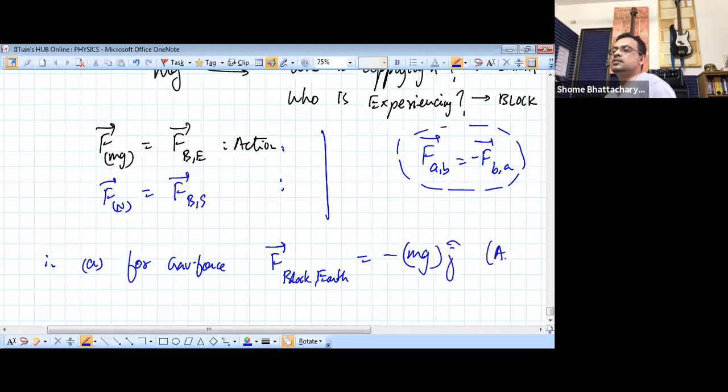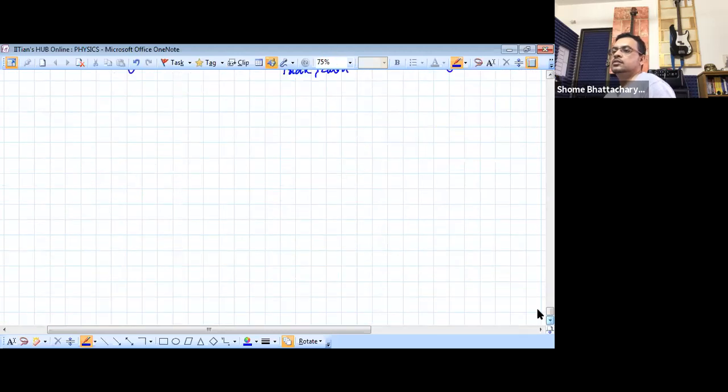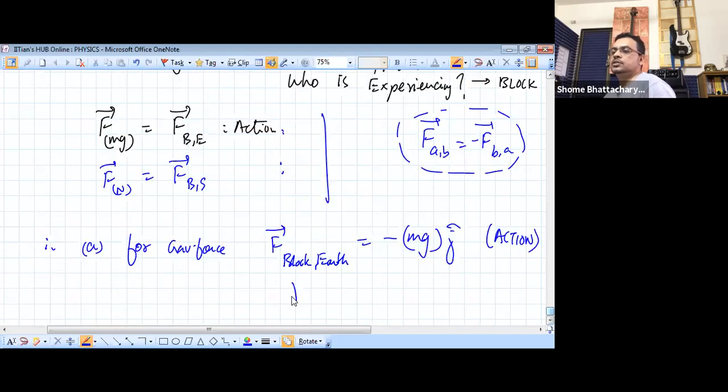If this is an action, the reaction to this will be the force that the block applies on the earth. And that will be interestingly plus mg. This will be the reaction.